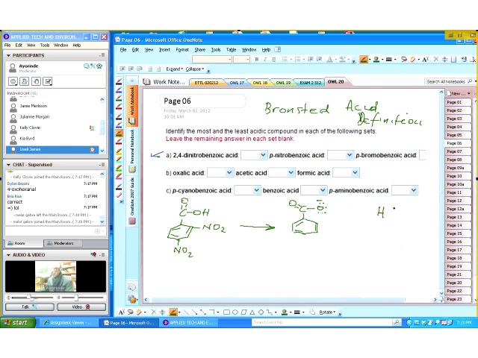Let's just imagine that we have lost the proton. Now once we do that, we have the nitro group here. We have another nitro group here.